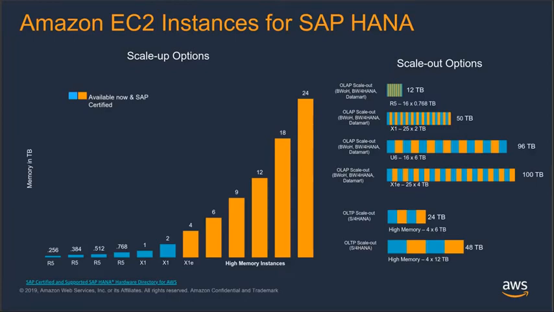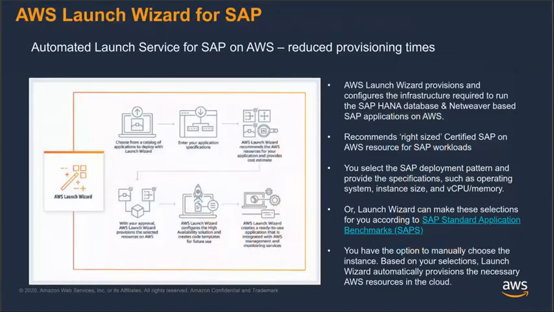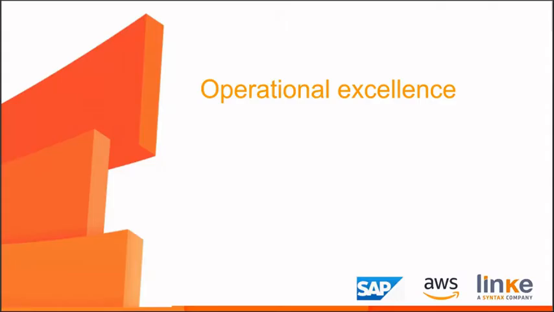And as you can see there, in terms of scale up options, up to 24 terabytes, and also for scale out, so particularly BW instances, we can actually scale out to 100 terabytes or even more in terms of size. So that concludes my piece of the presentation. I'll just hand back over to Kim again.